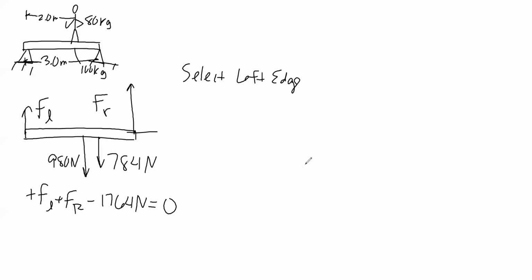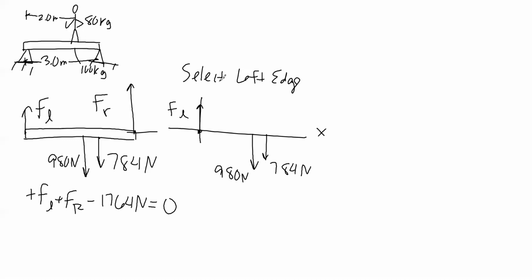In the coordinate system here, maybe if I draw this a little more abstractly, at 1.5 meters we've got the 980 newton force. And at 2 meters, we've got the 784 newton force. At the origin, we have our unknown, FL. And at 3 meters, we've got FR.